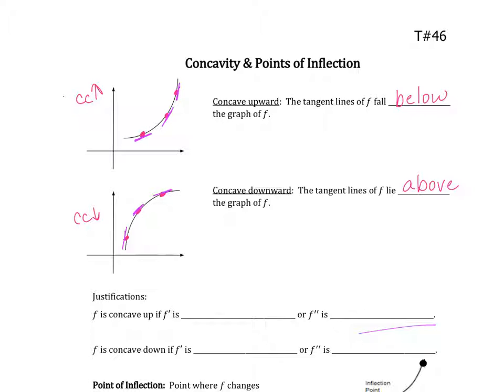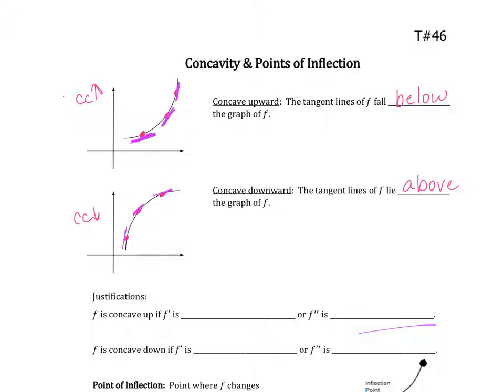How are we going to do that? So f is concave up if f prime is doing what? Well, here's a concave up piece, and think about these lines. Notice the derivative, if I put a slope to these, they're all positive, but what's going on? This one's close to 0.